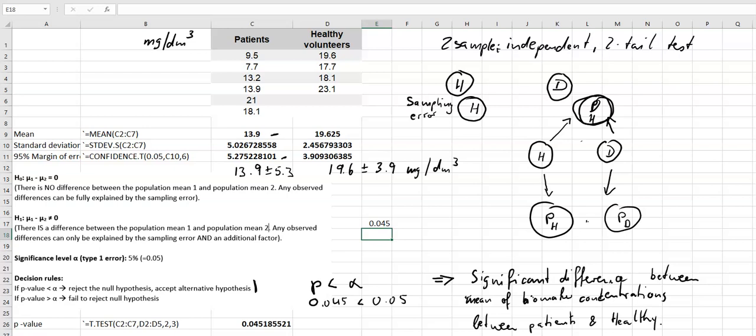So actually there is this difference, and we observe this difference, and there's a very clear indication that there is a difference based on our sample. So I hope this makes sense, and thank you very much for watching.